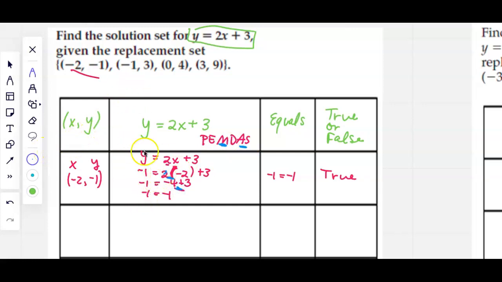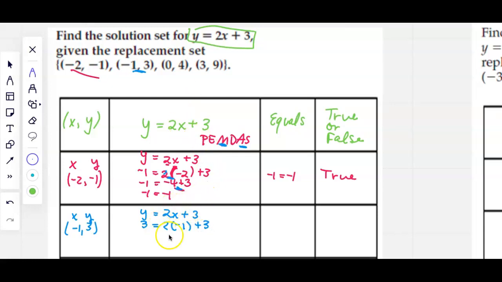We're going to keep following order of operations with our next one, -1, 3. Once again, -1 is our x, and then y is 3. And now we have our same formula up there: y equals 2x plus 3. Y we said was 3, so 3 equals 2 times x, which is -1, then plus 3 drops down. So once again, order of operations kicks in.